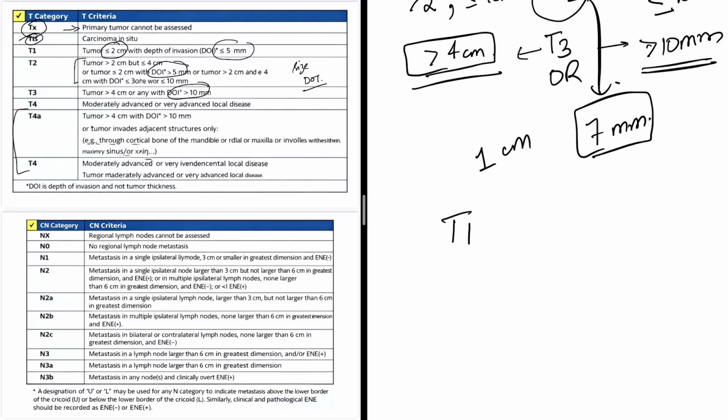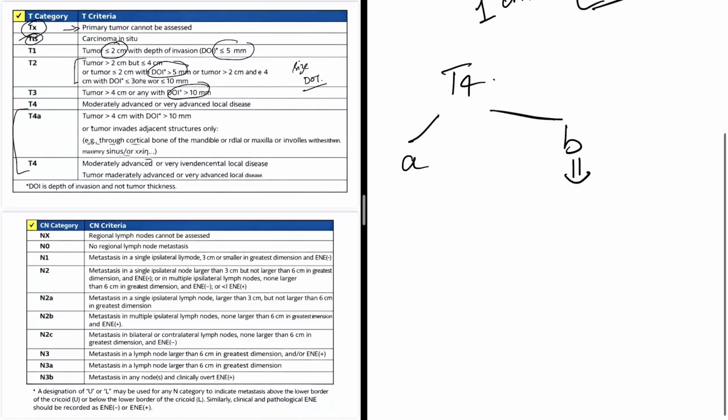But now for T4, we have two, T4A and T4B. T4B, like in any head and neck cancer, is supposed to be skull base invasion. It is very advanced cancer.